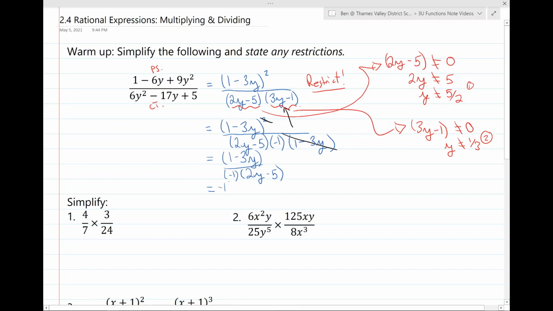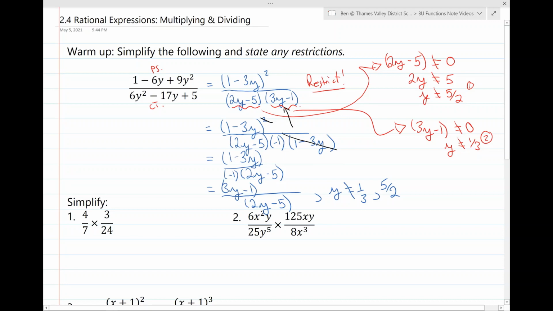That's a negative 1 times 1 minus 3y, and we can actually distribute that right now to make that 3y minus 1. We're getting some nice practice in here factoring and distributing a negative number, all divided by 2y minus 5. And then we restate the restrictions. We can't forget this. We know that the restrictions are y cannot equal 1 over 3 or 5 over 2.